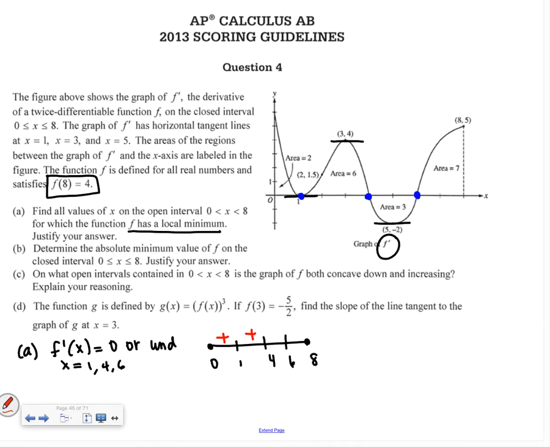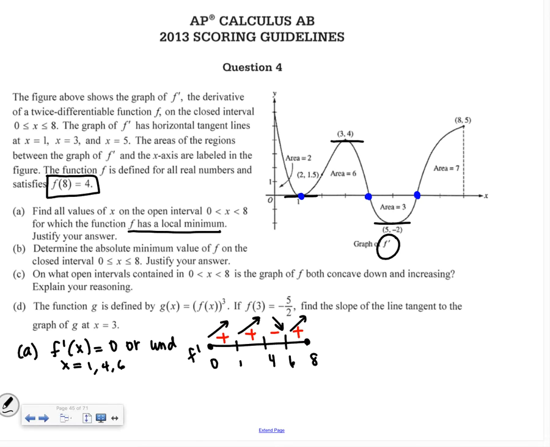And then between 4 and 6, we're below the axis. And between 6 and 8, we're above the axis. So what this means for f is f prime is positive means f is increasing, then decreasing, and then increasing.